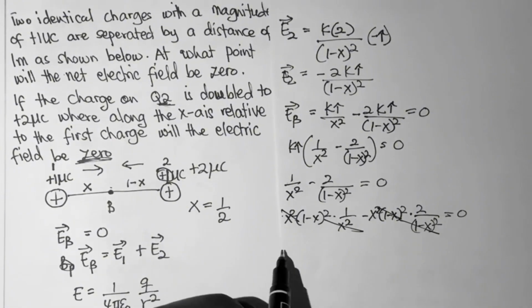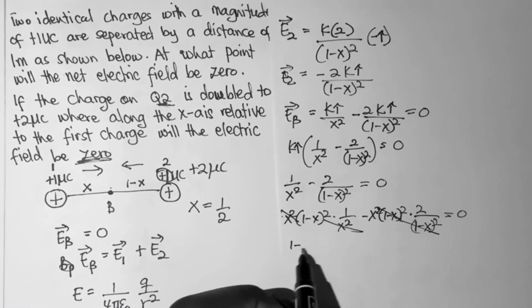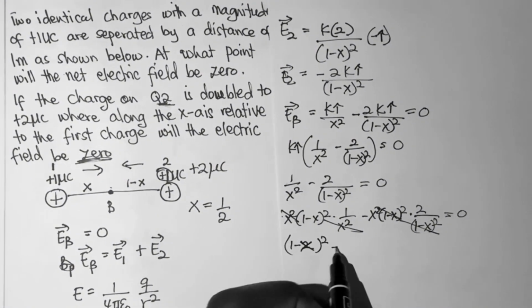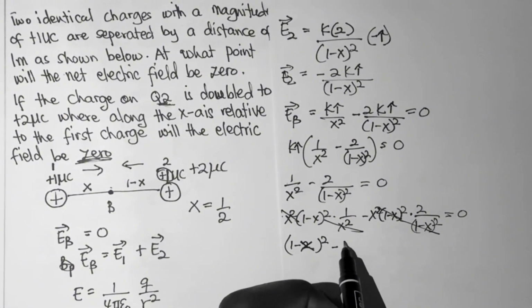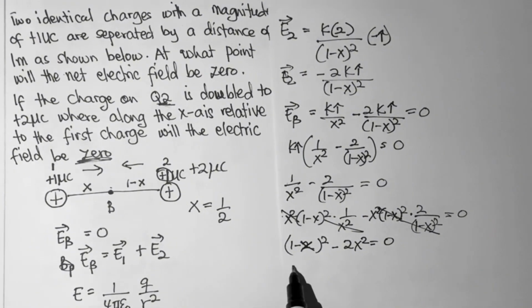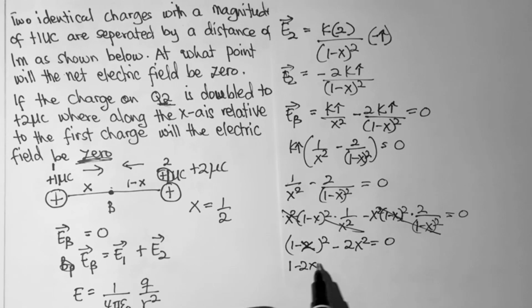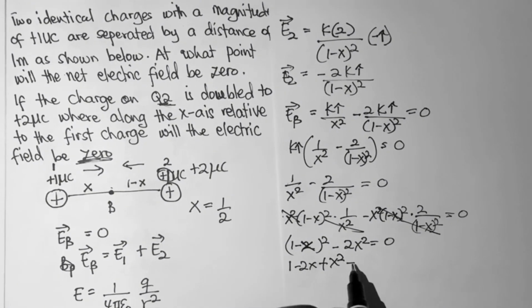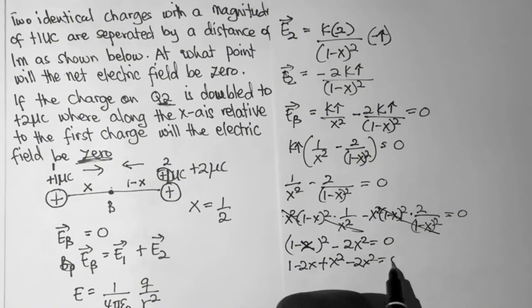This and this will cancel. So we are left with (1 minus x) all squared, then minus 2x squared equals 0. So if you expand, this is 1 minus 2x plus x squared, minus 2x squared equals 0.